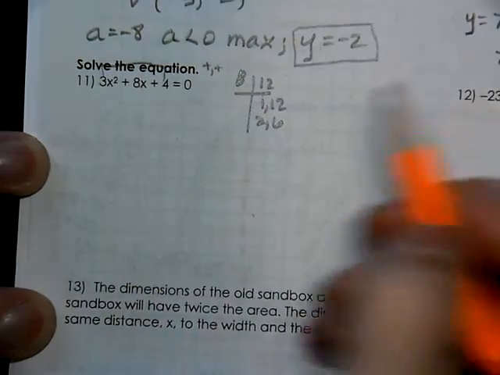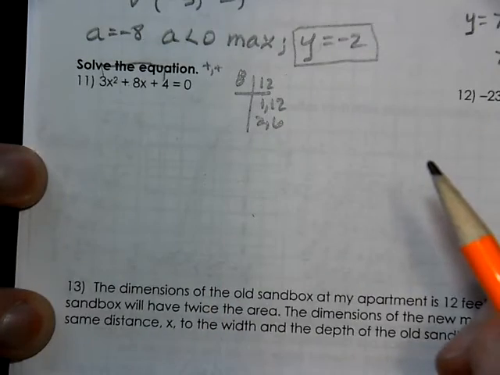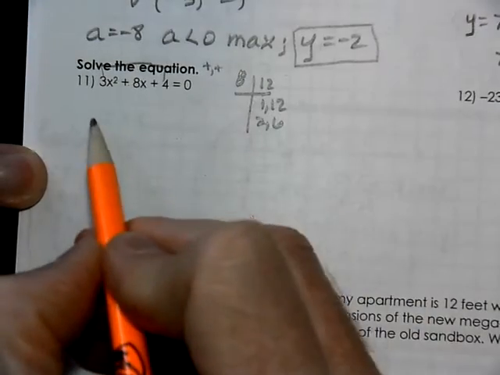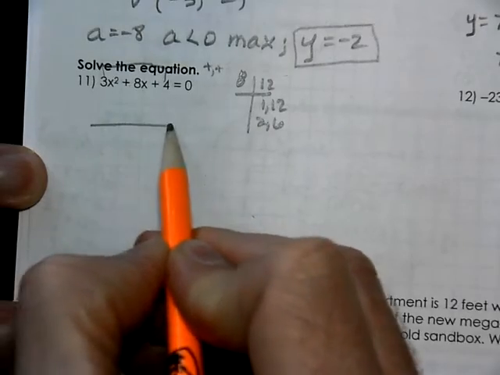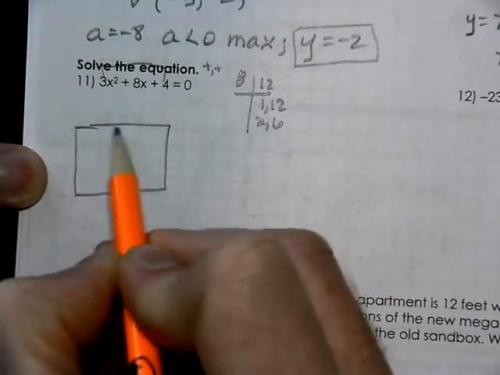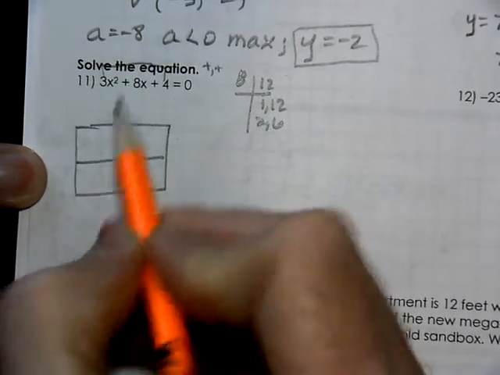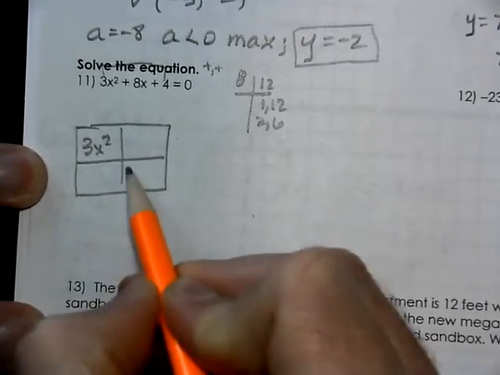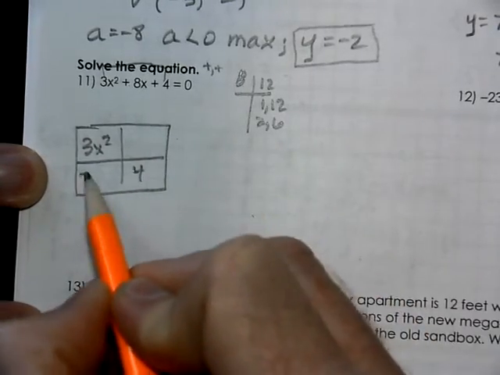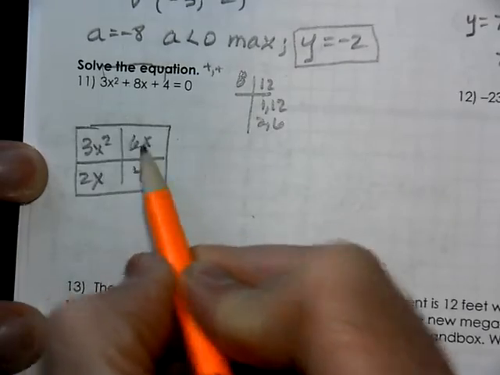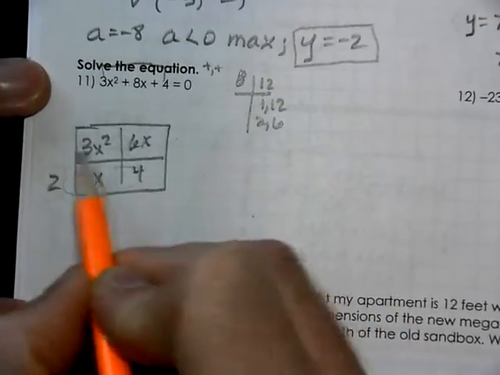Looking at our factors, 2 and 6. One way we could do this would be with the box method, using 3x squared and 4 in their locations with the 2x and 6x. Factor out what you can.